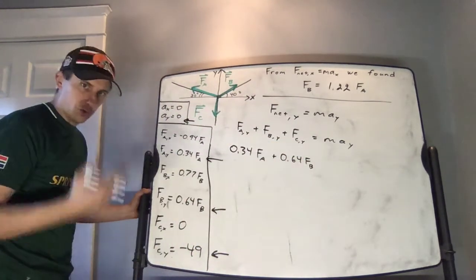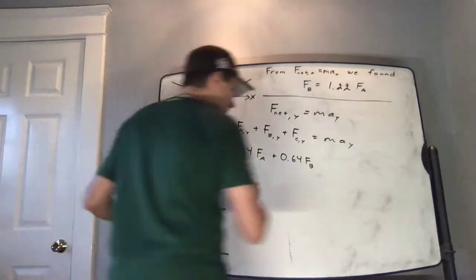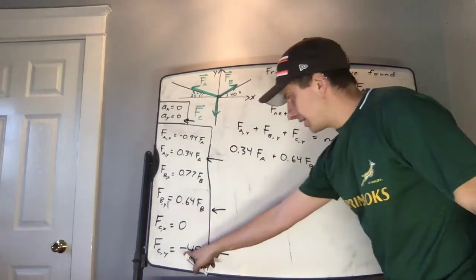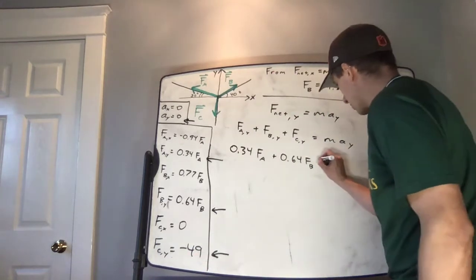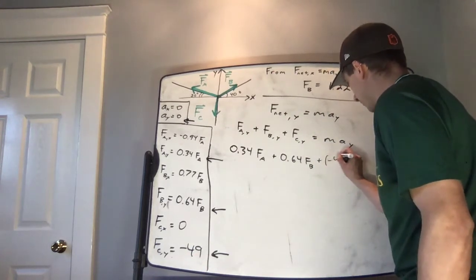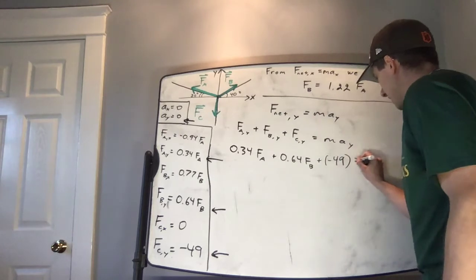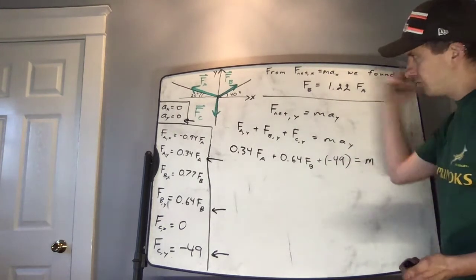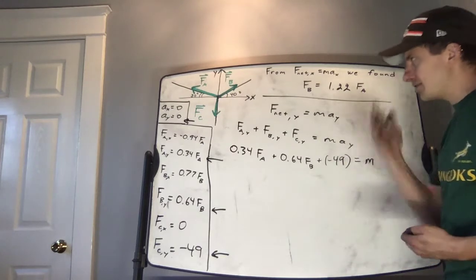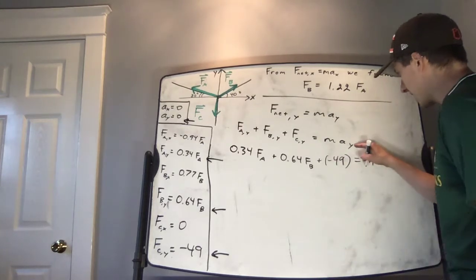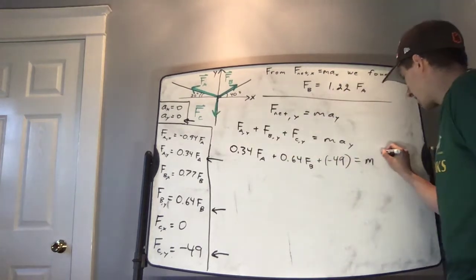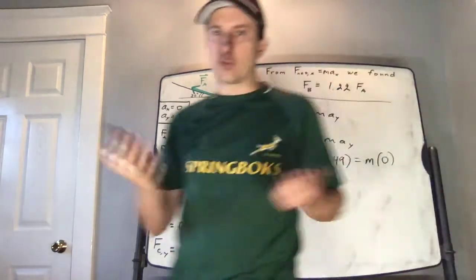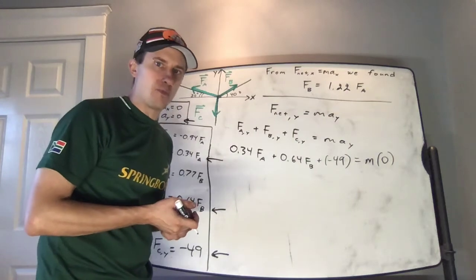FCY, we have an actual number for, that's 49 newtons. So because this says plus, this is a negative number, so I'm going to write this as plus negative 49. And then that's equal to the mass of the ring that all the ropes are tied to. I don't know what that is, but again, AY is 0 anyway, so it won't matter that I don't know it because it's going to be multiplied away by 0.